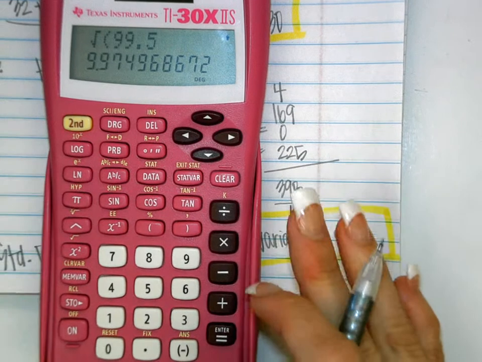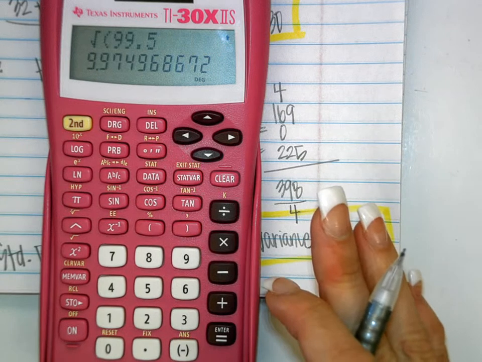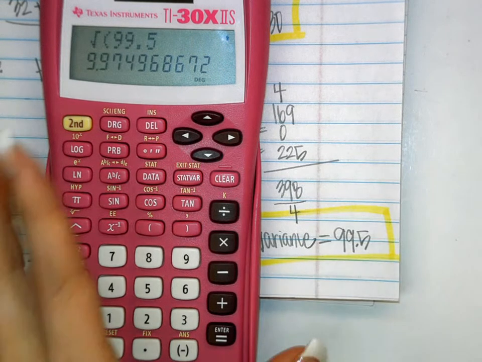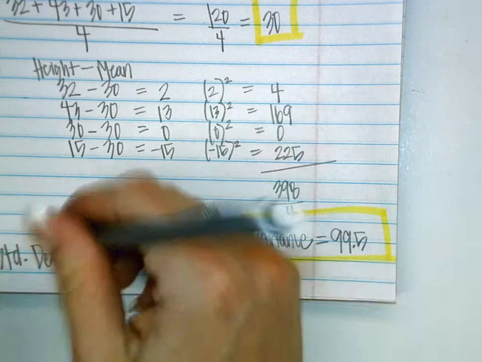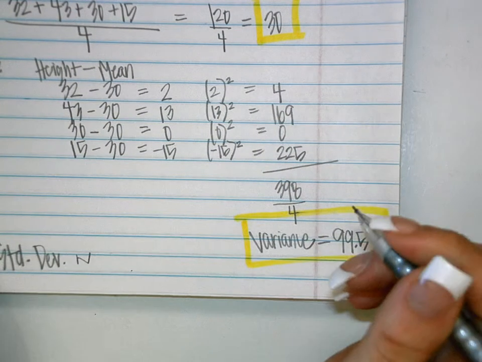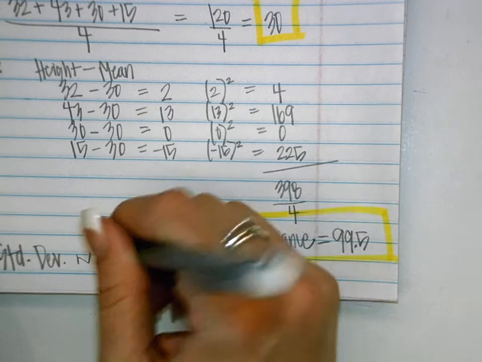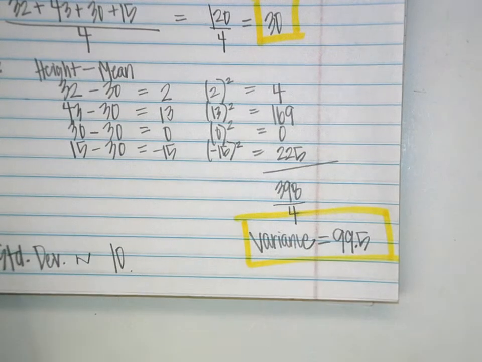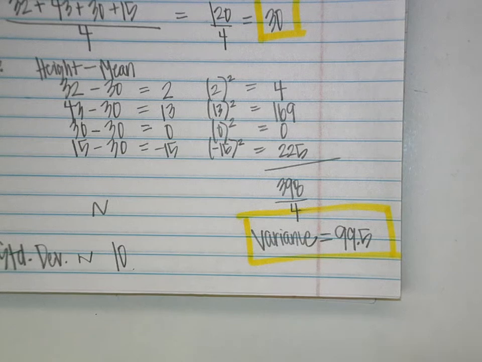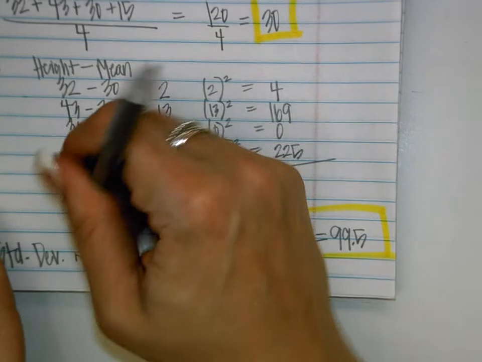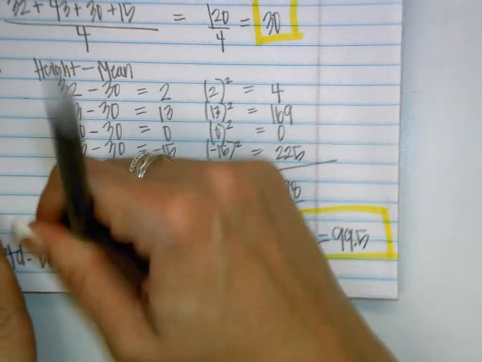Let's think about this rationally. That's approximately 10. Instead of writing 9.97, that's a little too close. So I would write standard deviation is approximately 10 inches.